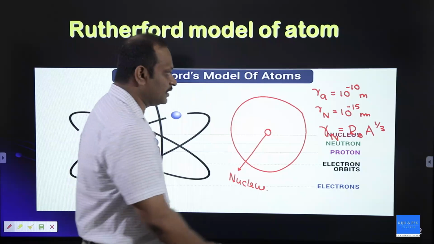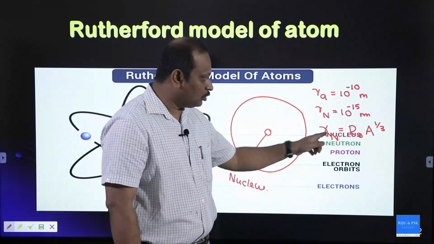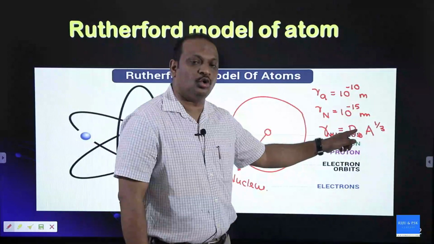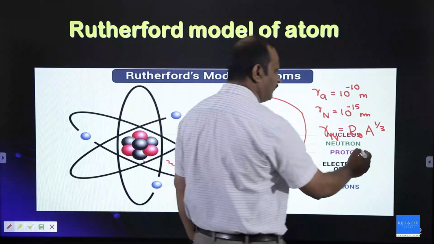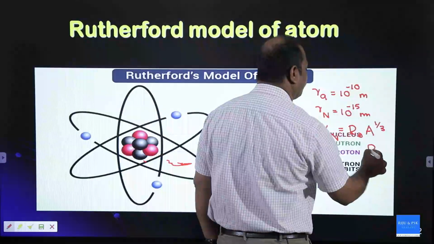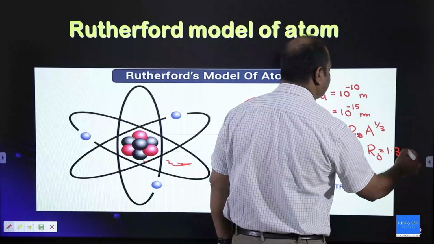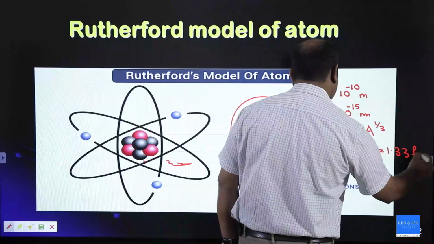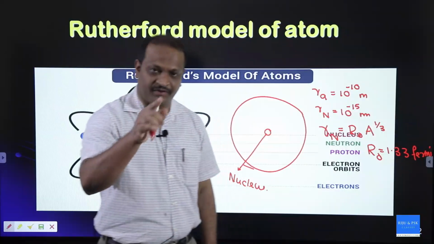Now listen. See what I have written here. Radius of nucleus is equal to R0 into A raised to 1 by 3. As I told you in the last class, we know the value of R0. R0 is equal to 1.33 Fermi. You know what is Fermi?